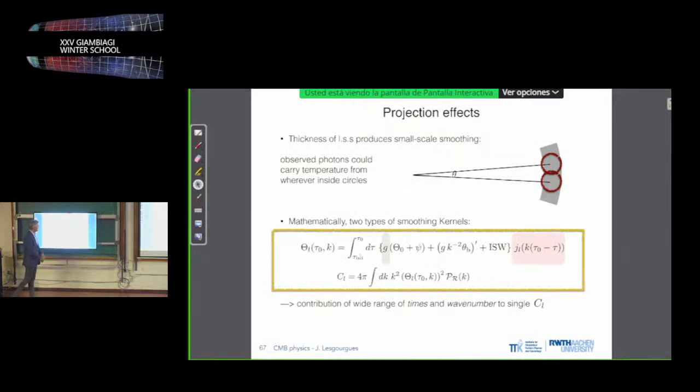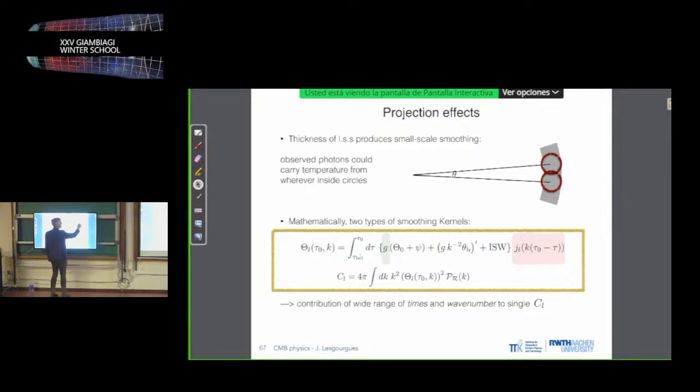I have non-trivial projection effects coming from the thickness of the last scattering surface. Decoupling is not instantaneous, so when I see a photon, it's not coming exactly from a point, which is the intersection of the line of sight with the last scattering sphere. It's coming from a region.